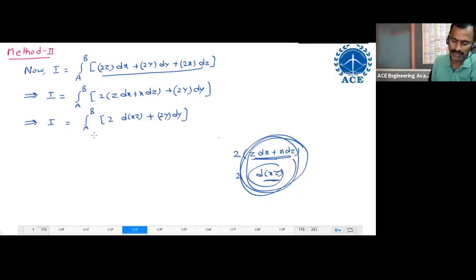Now both are integrable. This integration is with respect to y, a function of y. This integration is with respect to xz, the function of xz is 1. So we can do the integration.